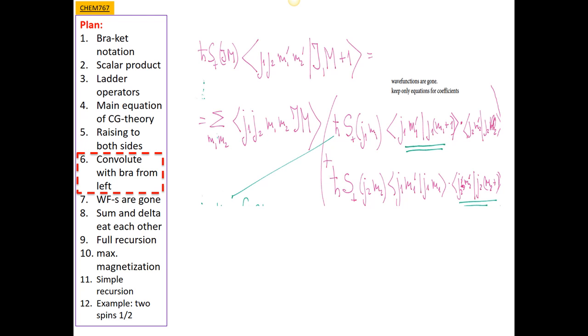Instead of m2, I'm writing m2 prime. Vertical line, J capital M capital, times S plus of j1, m1 prime minus 1. We are done with the first term. So the wave functions and delta functions are removed. Now the second term.